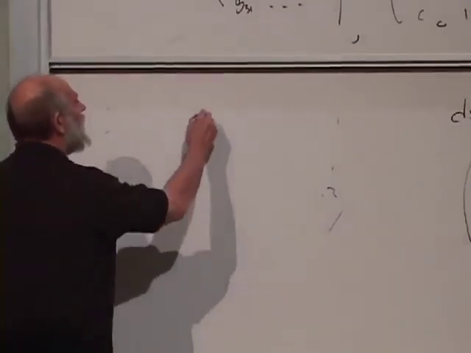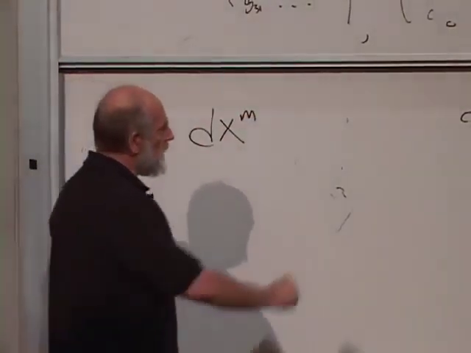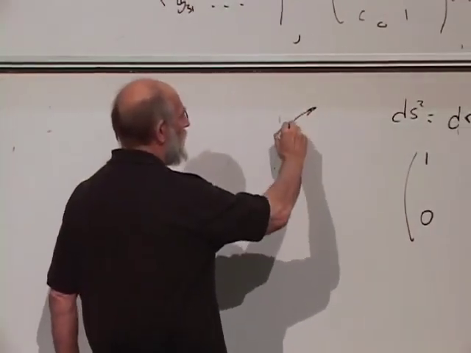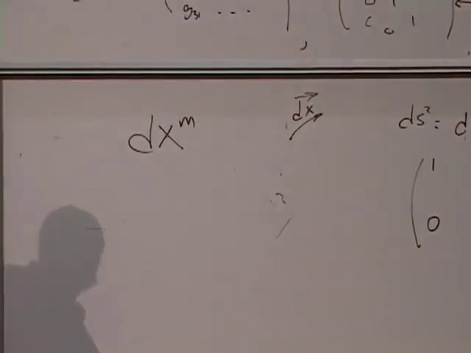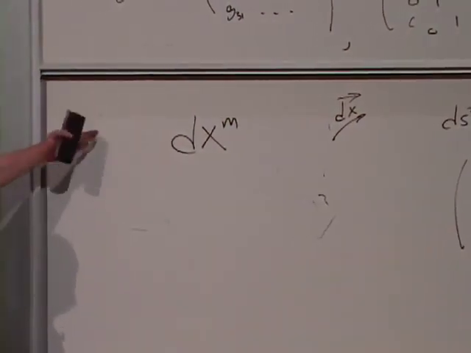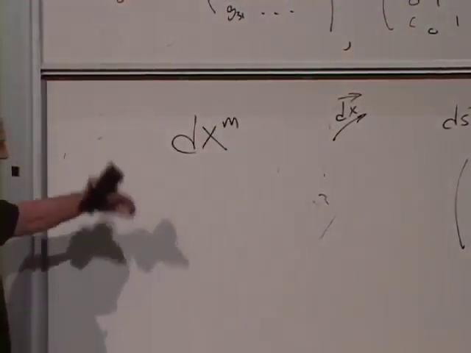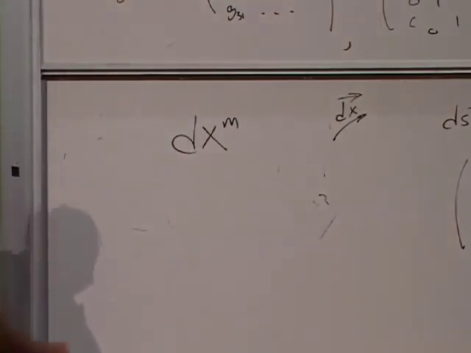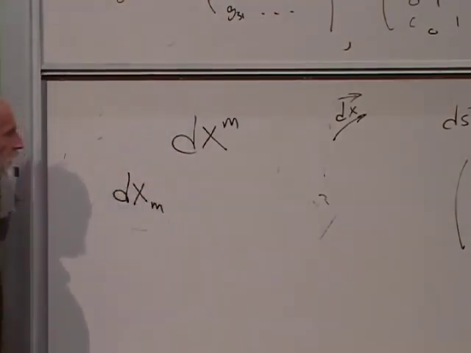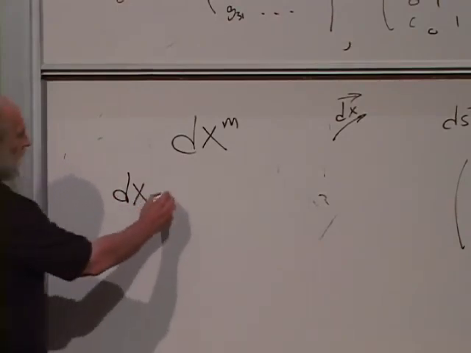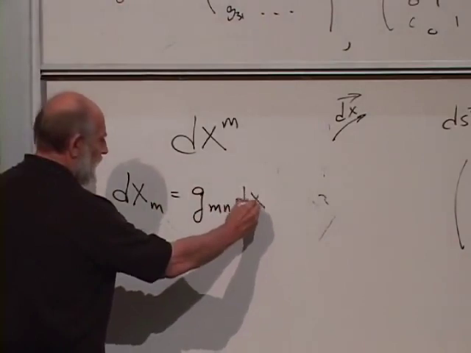In particular, take the object dx^m. That stands for a little interval dx, a little vector. I can assign it, and it's natural to think of the little interval as having contravariant components. But you could also define an object dx_m, the same vector, by writing it as g_mn dx^n.